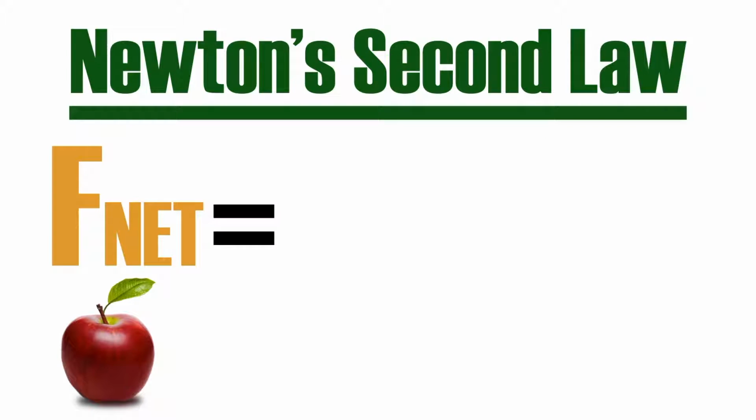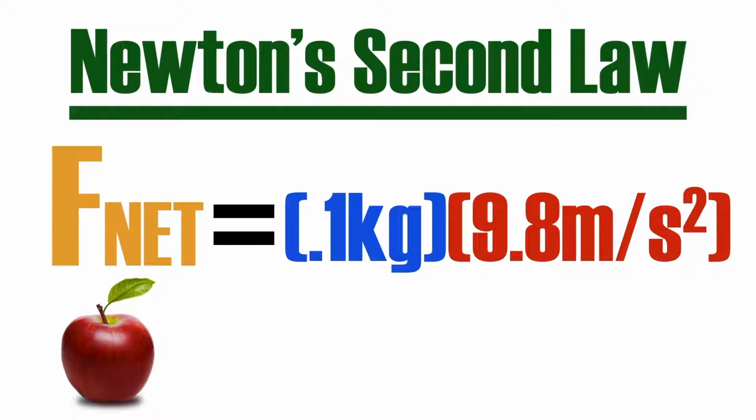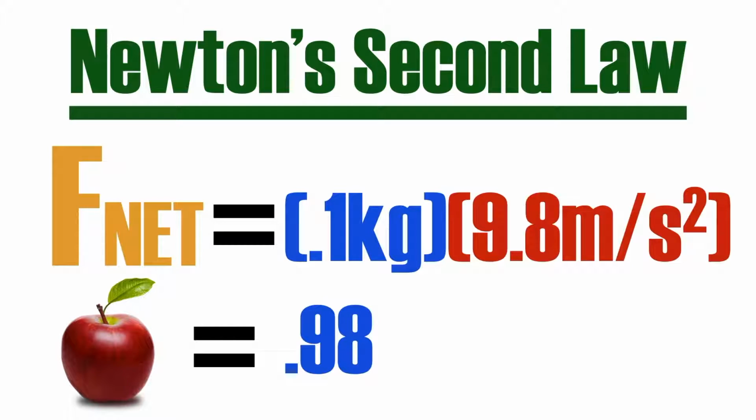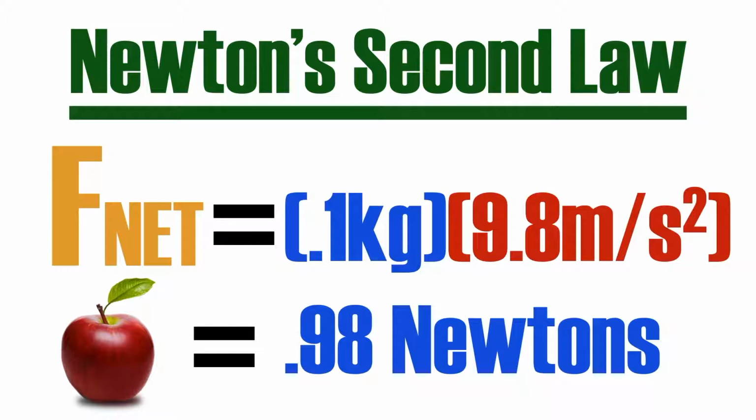So let's go ahead and substitute these numbers into the equation. So 0.1 kilogram times 9.8 meters per second squared is equal to 0.98 newtons. Therefore, this apple has a net force, or total combined force, of 0.98 newtons acting on it. Newtons. It's an appropriate name for a gravitational unit.